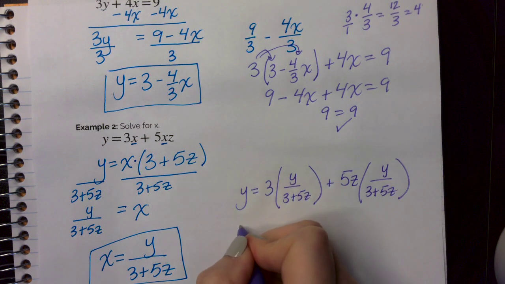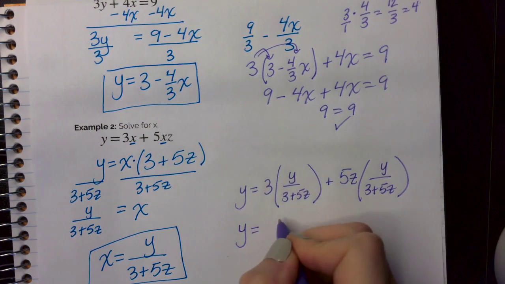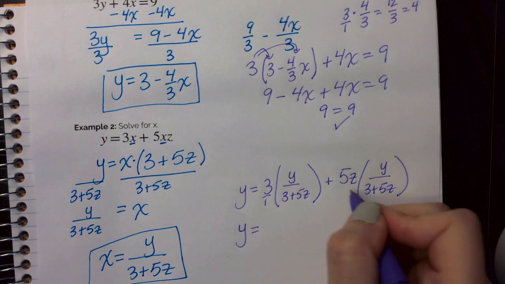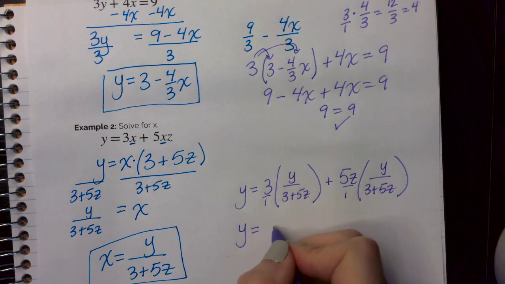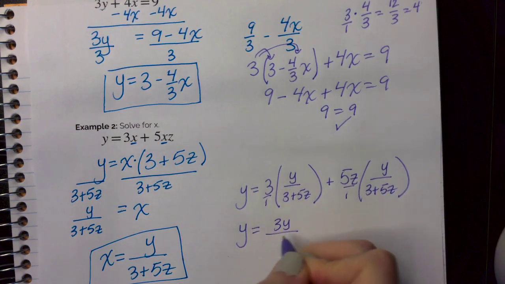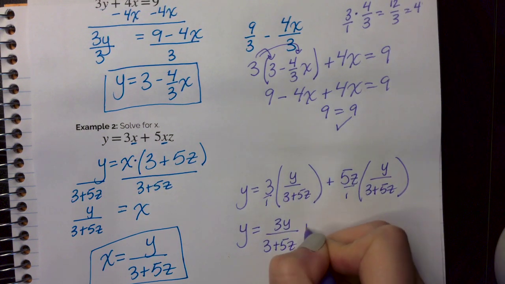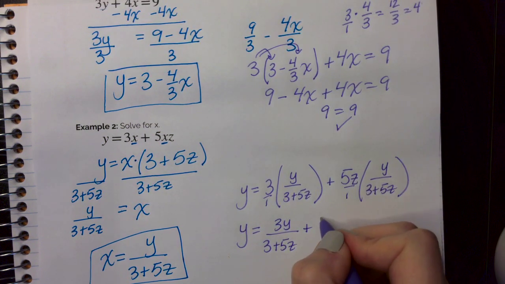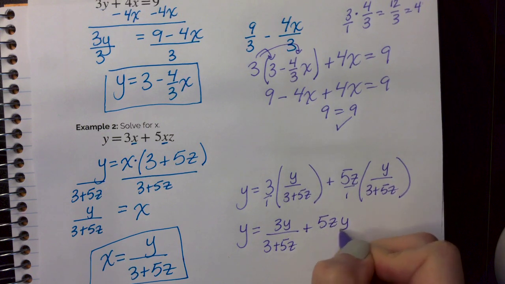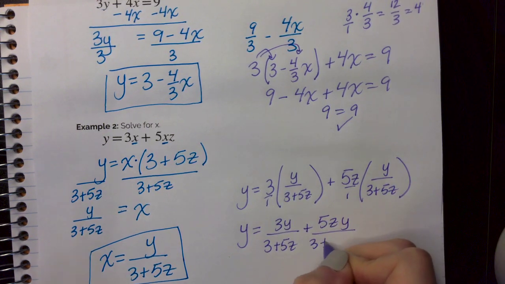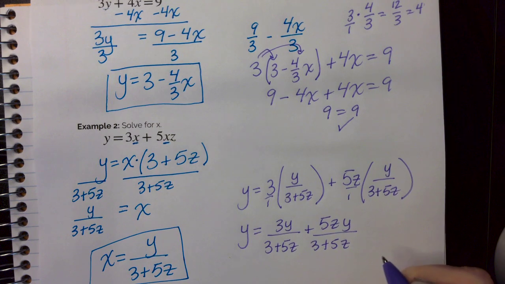And so I have y equals, this is over 1, this is over 1, so 3y over 3 plus 5z, and I have 5zy over 3 plus 5z.